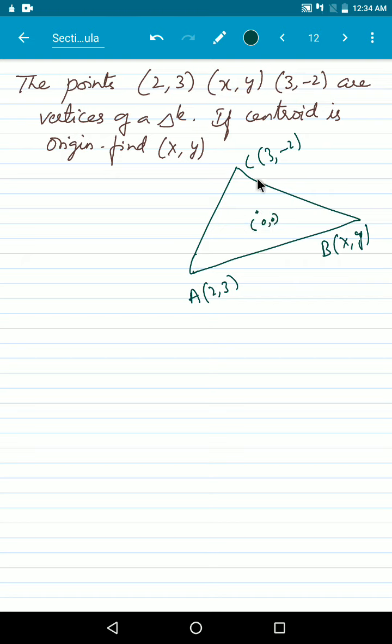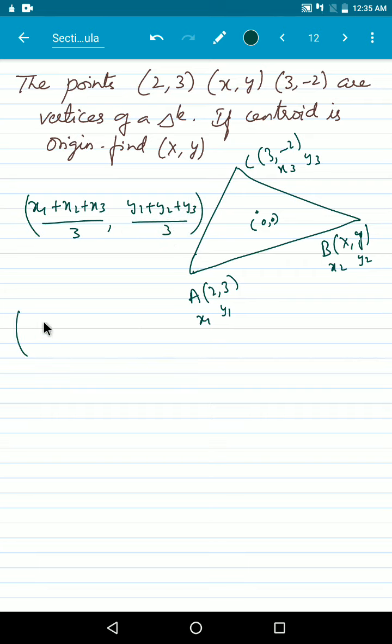We need to find the value of (x, y). So this is (x1, y1), (x2, y2), (x3, y3). What is the formula? (x1 plus x2 plus x3) by 3, (y1 plus y2 plus y3) divided by 3.